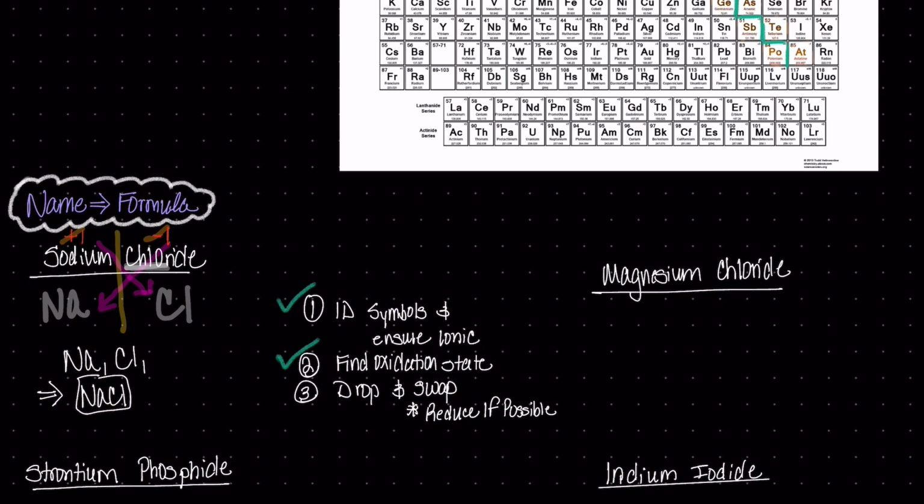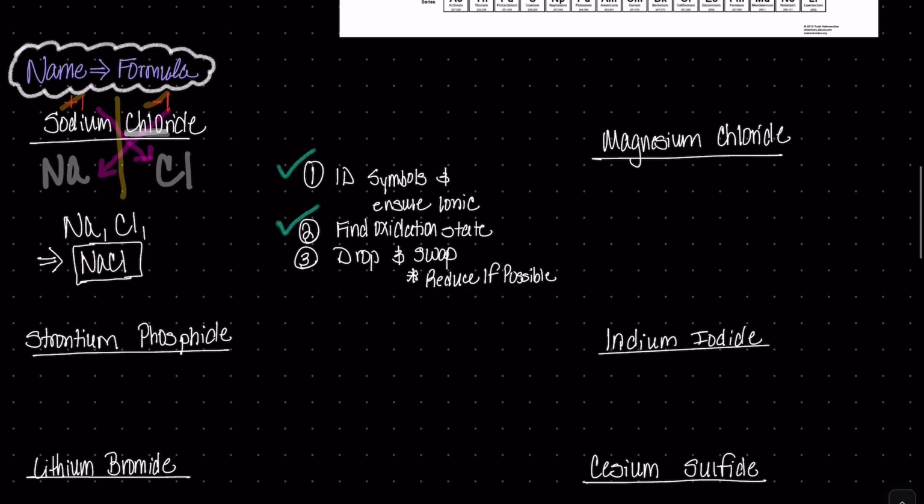For it to be there and represented with a symbol, I have to have at least one of them. So it's like writing 1, 1 twice. It's kind of redundant. So we simplify that down to NaCl. That's it. That's regular sodium chloride.